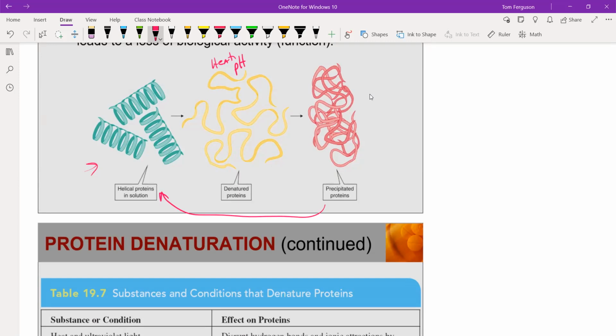It can, depends on how much heat and pH change the original protein undergoes. If it's just a tiny bit, then this original structure comes back. If it's a lot, then it totally changes, unrecognizable.